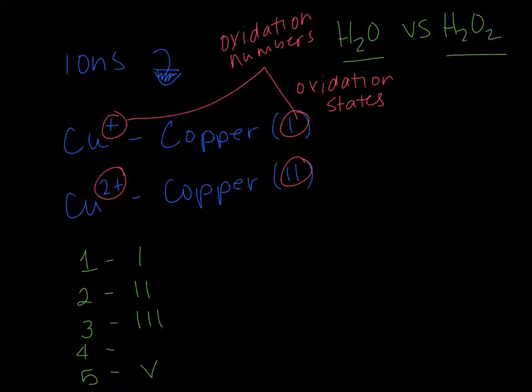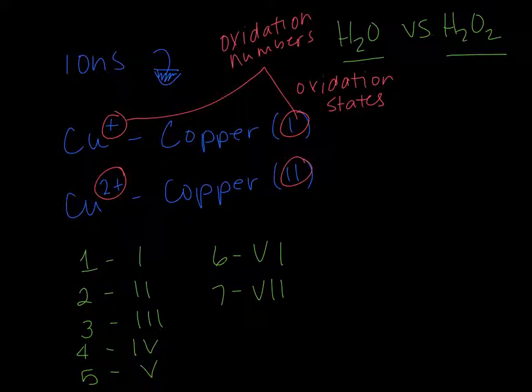So 4 would be a line and then a V. And 6 would be a V and then a line. So it really doesn't go higher than 7, or at least we won't here. I don't think it really goes over that anyways for naming compounds, but there they are if you need them. So we put a 1 behind it to add to 5, and we put a 1 in front of it to subtract from 5.